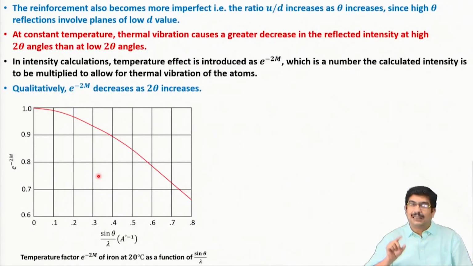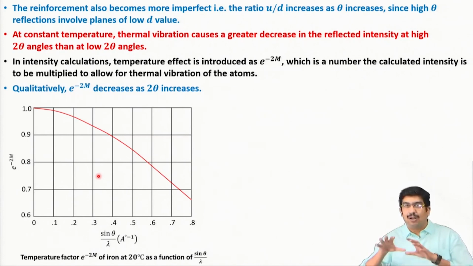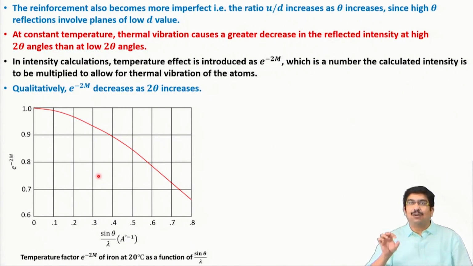The second effect is basically the same thing. The reinforcement becomes more and more imperfect, or less perfect, if this ratio u by d increases. Now, at a constant temperature, let us imagine that u is constant.